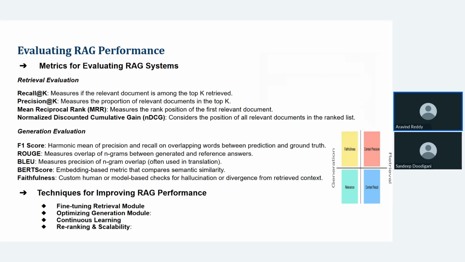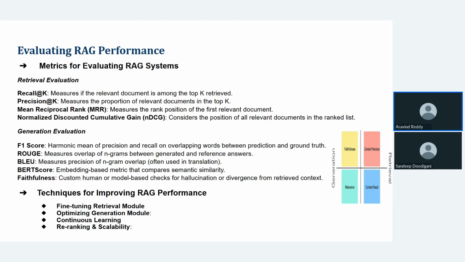Okay, after generating, how do we know that the model has generated accurate information? For retrieval evaluation, while it is extracting information, sometimes it may miss important words, important context, or similar context.